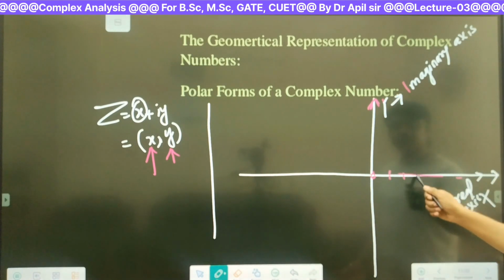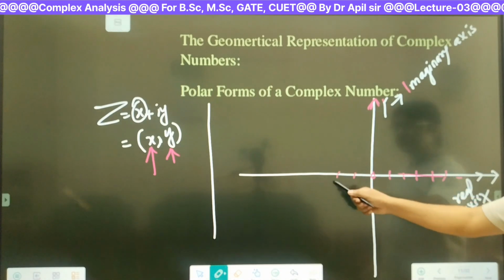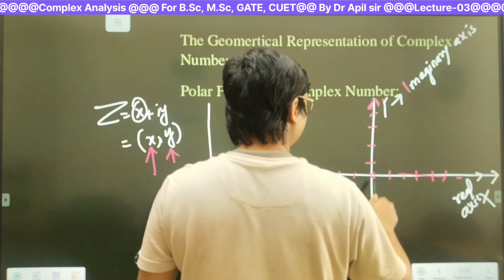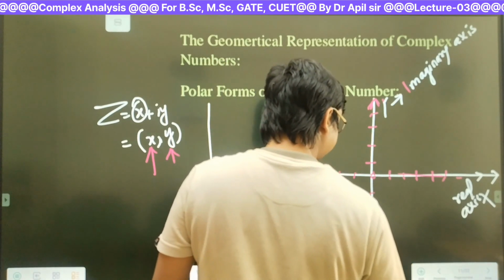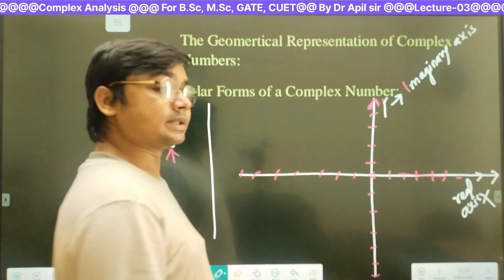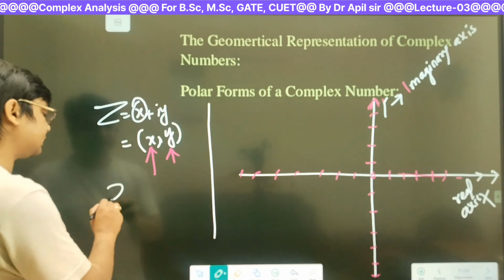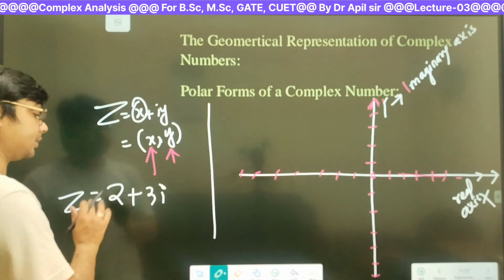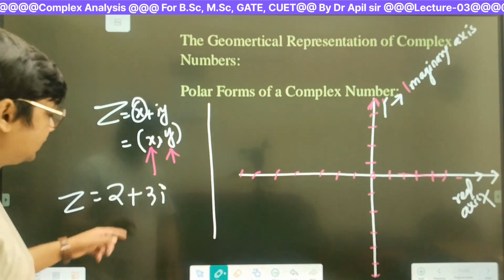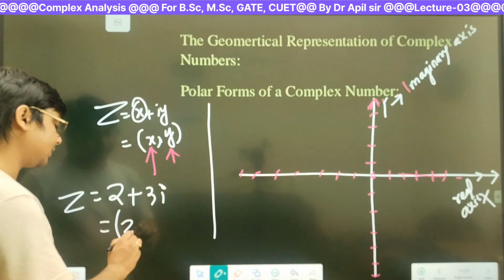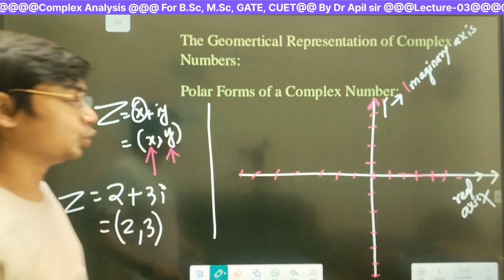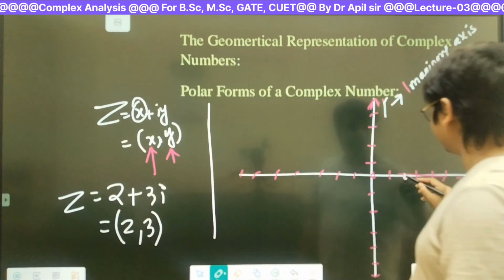Then what happened? We can easily plot any complex number on this system. Suppose we consider 2 plus 3i, this complex number. So what is the value of the real part? 2, so here will be 2, right?